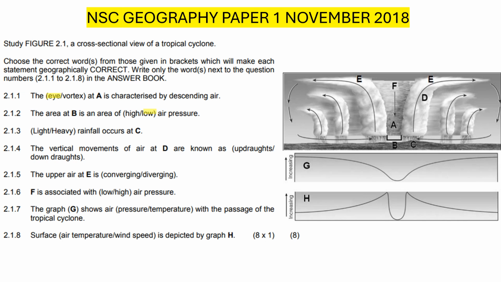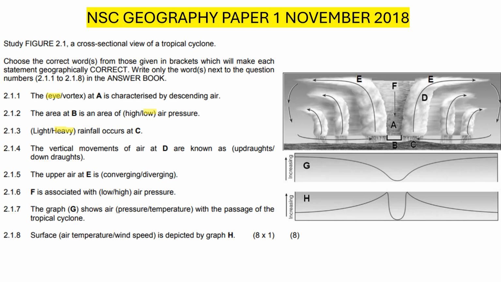2.1.3 light or heavy rainfall occurs at C. C is the section of the tropical cyclone that is covered by the cumulonimbus clouds, and cumulonimbus clouds produce heavy rainfall. 2.1.4 the vertical movements of air at D are known as updrafts or downdrafts.